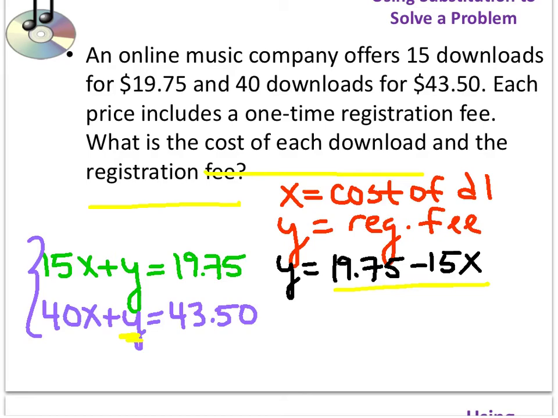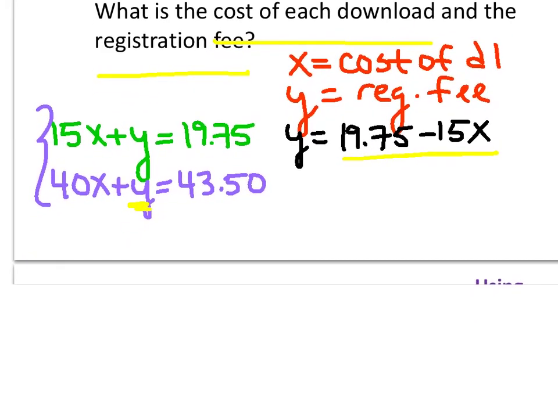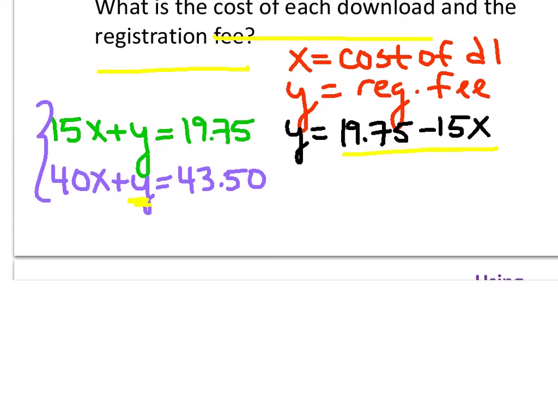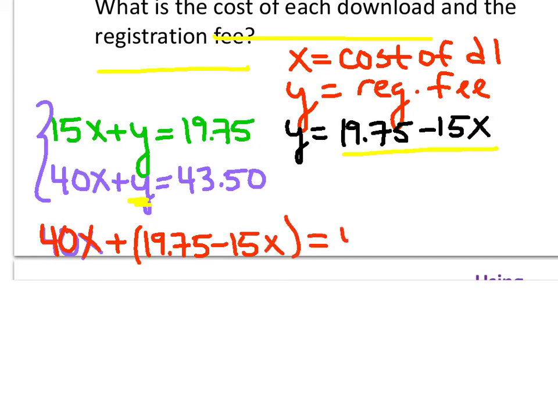Okay? So, giving myself a little more space. So I'm going to do 40x plus, parentheses here, 1975 minus 15x and that has to equal $43.50.